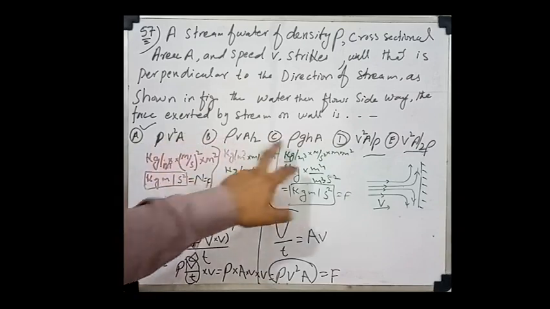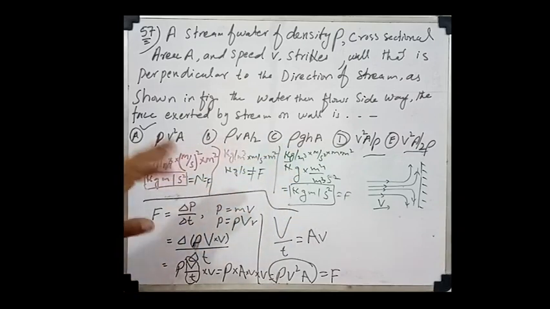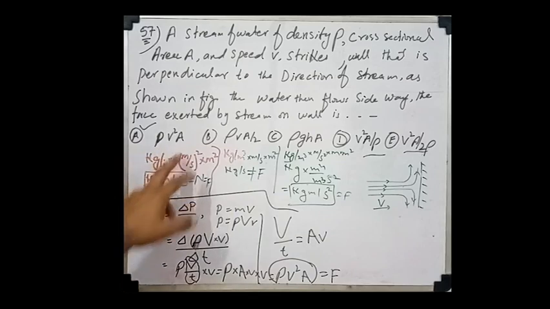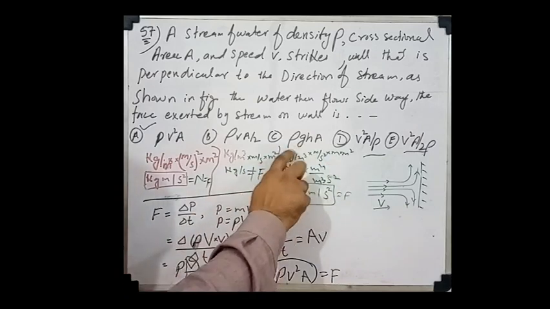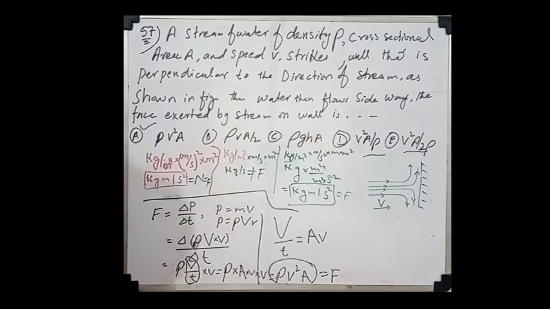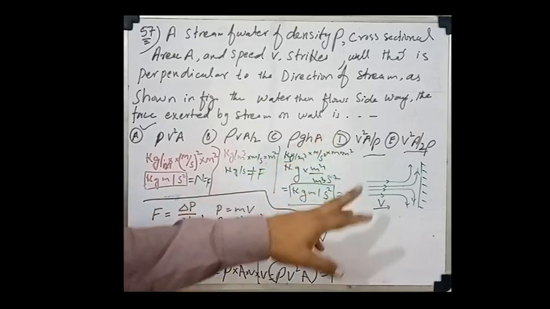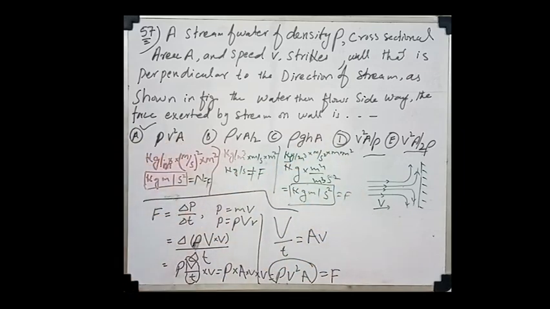So these two are forces, because here the force on the wall is due to the velocity of the water. Therefore we take this term, because it includes the velocity of the water, and this other term is related to the height, which means the potential energy of the fluid, and this one is due to the kinetic energy of the fluid.